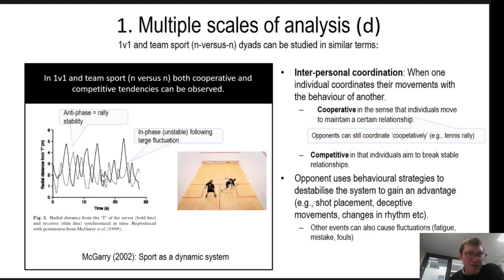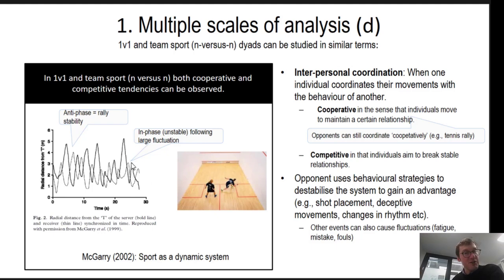We see that at certain points in the rally, towards the end here, we get these large fluctuations occurring, right? Maybe somebody made a particularly well-placed shot. They used some strategy such as shot placement. Maybe they deceived the opponent. They changed up the speed. Whatever it is, there's a large fluctuation.